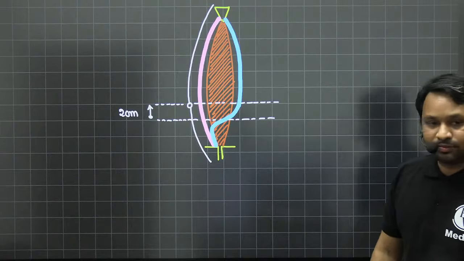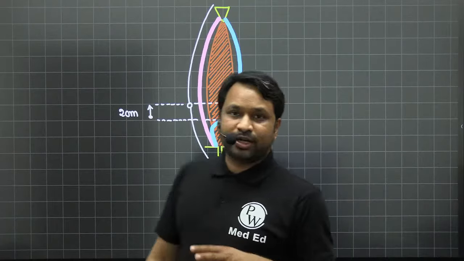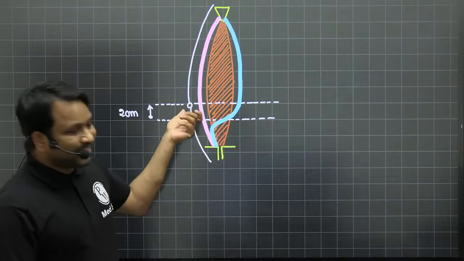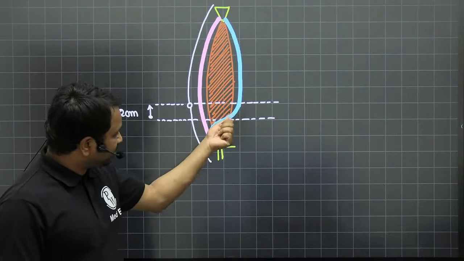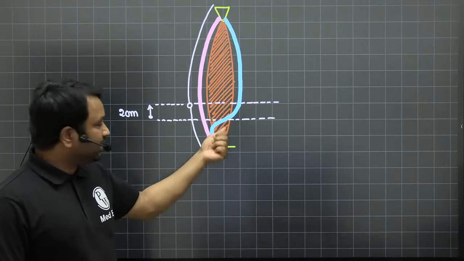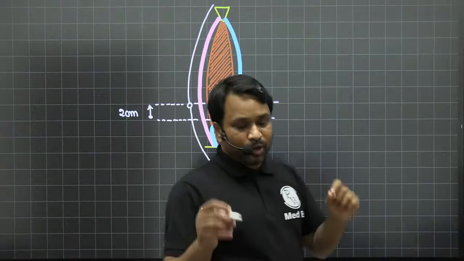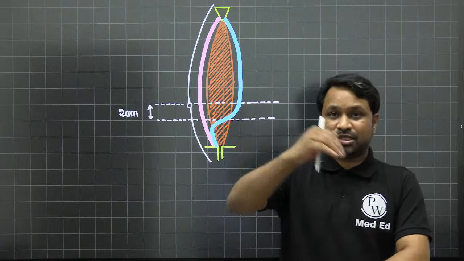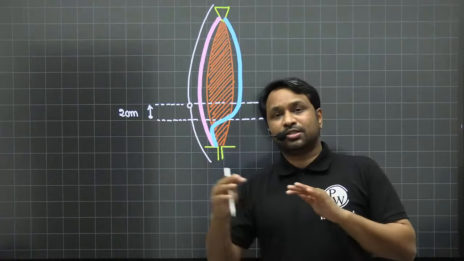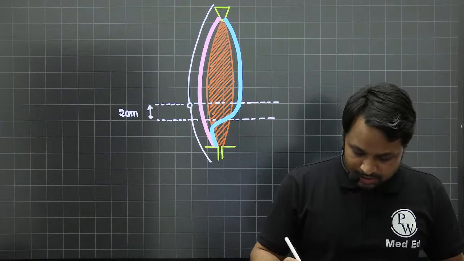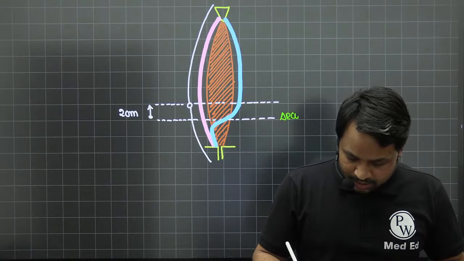Now you see the posterior rectus sheath does not cover the entire rectus abdominis muscle. The point where the posterior rectus sheath is piercing the rectus abdominis muscle and becoming anterior, this is what we call the arcuate line.